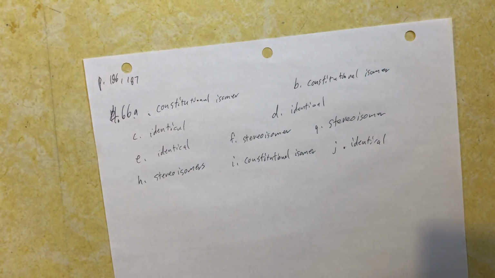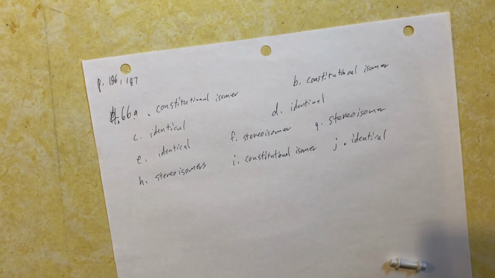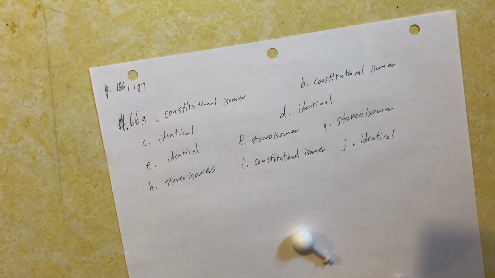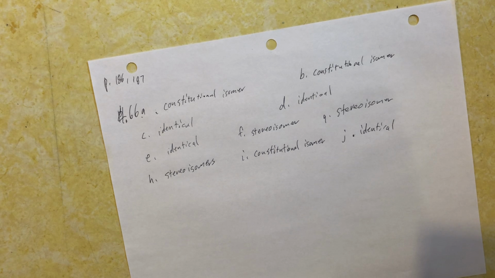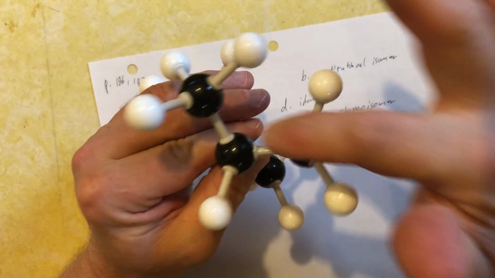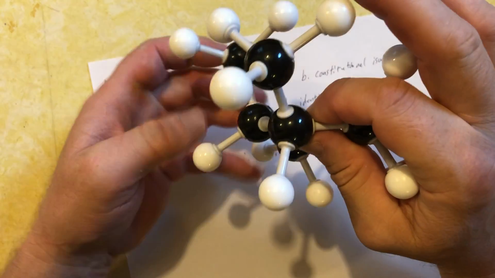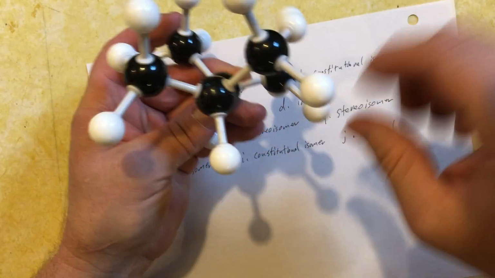I ended up having to cannibalize some of these here. There, I think I have it. So off one carbon, I've got 2 methyl groups. Off another carbon, I've got 2 methyl groups, and we're looking down it this way.